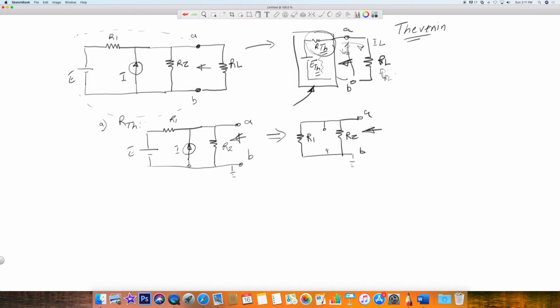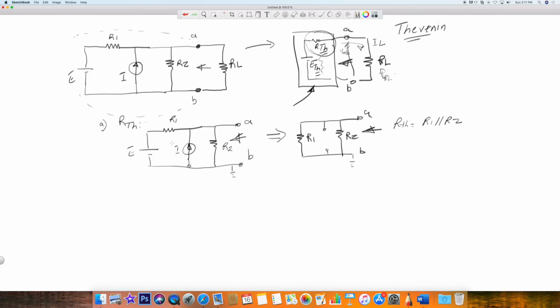So what is the total resistance seen from this end? RTH, in this case, will be equal to R1 in parallel with R2. That's how it sees the circuit for this configuration.